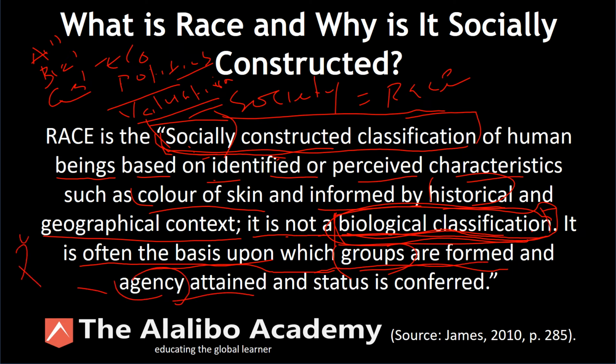Agency is power. Right? Agency is attained and status is conferred. And this is really the definition of race is socially constructed because it has every aspect to do with politics and the political aspect of it and the economics of race. Right? So agency is attained, power is attained, and status is conferred.